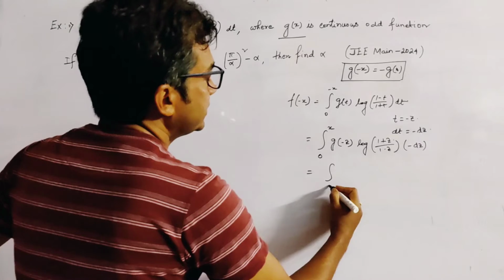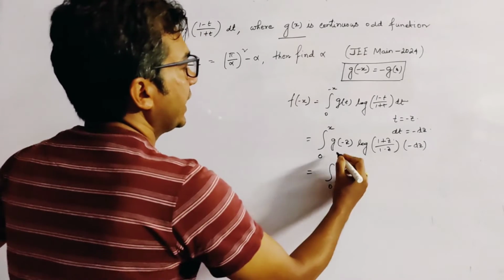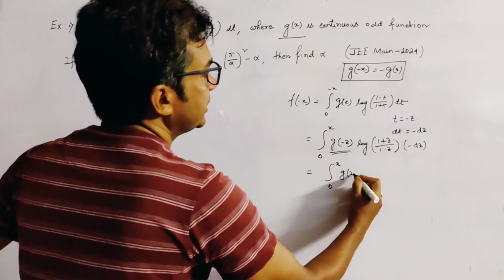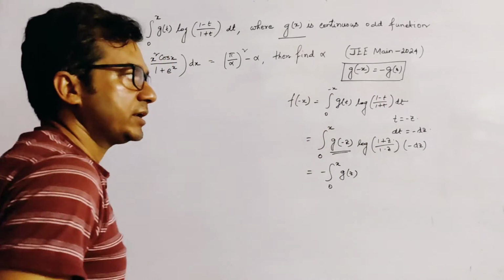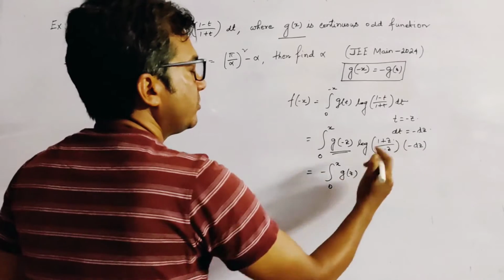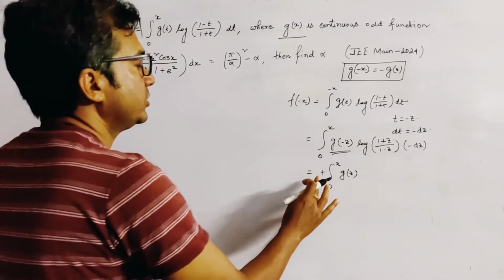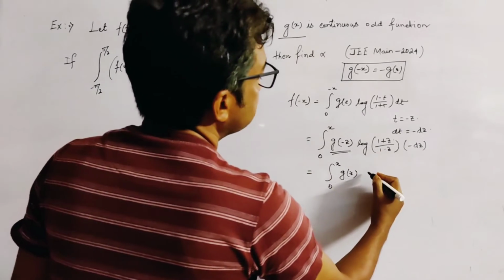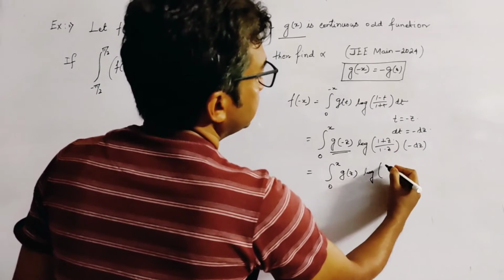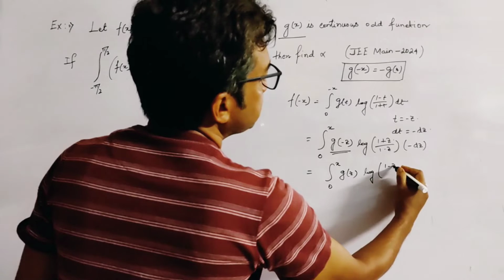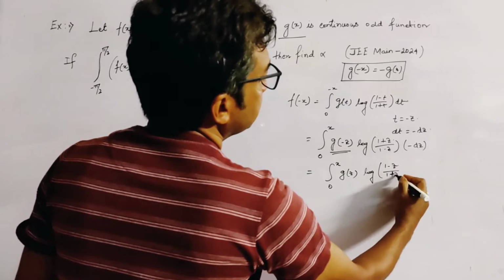So integration 0 to x, this becomes g of z, and there will be another minus, so this becomes positive, and this is log of (1 minus z) by (1 plus z).